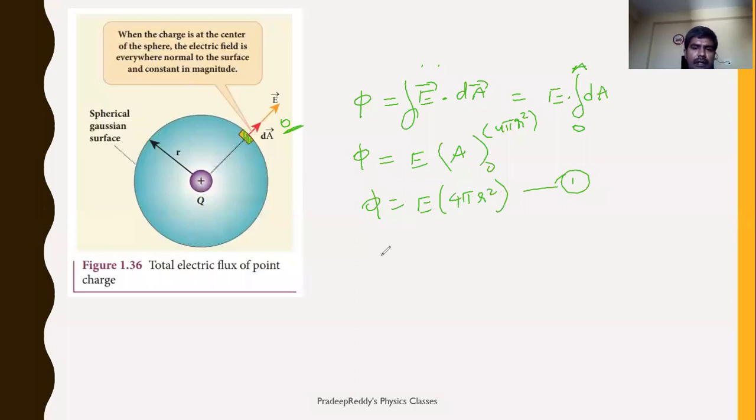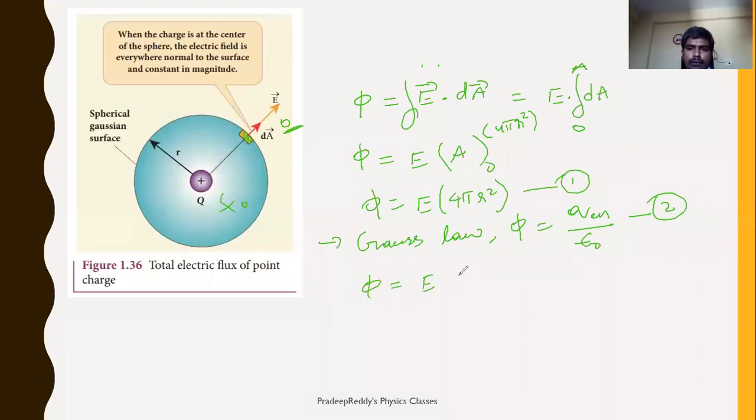This is electric flux. Now what does Gauss law state? Gauss law states that phi is equal to Q enclosed divided by epsilon naught. As it is air, I am considering epsilon naught, which is its permittivity. This is equation number 2. Now equate 1 and 2. What do you get? Phi is equal to E times 4 pi r square is equal to Q enclosed divided by epsilon naught, right?